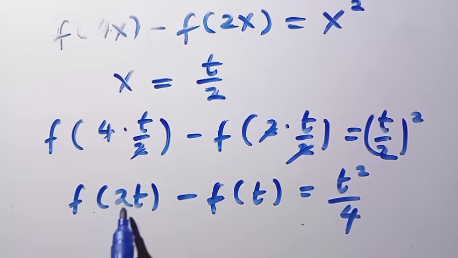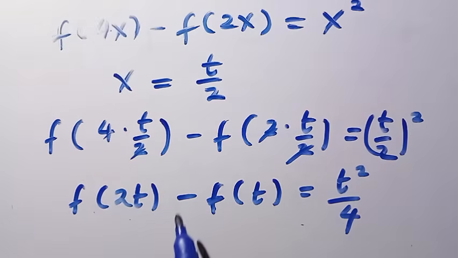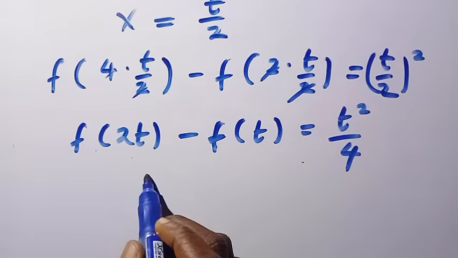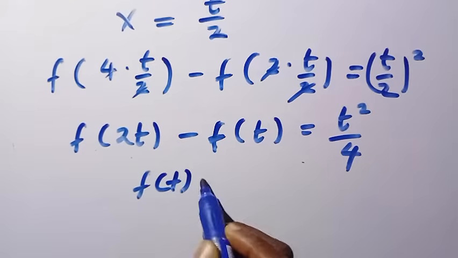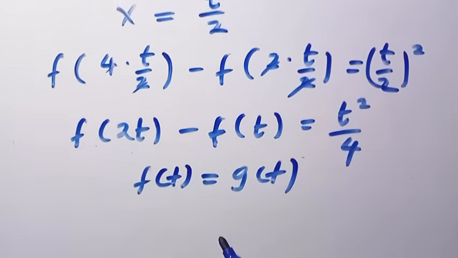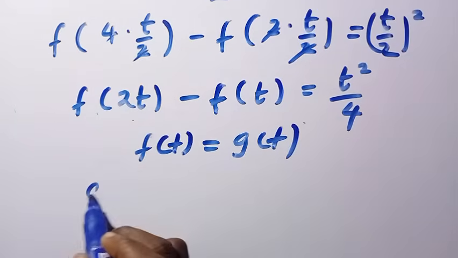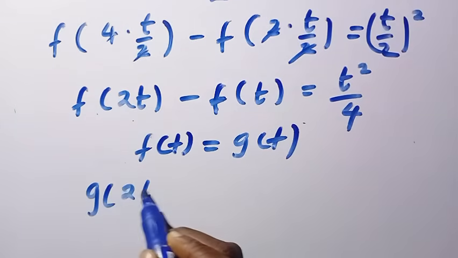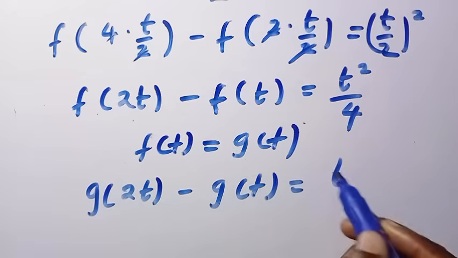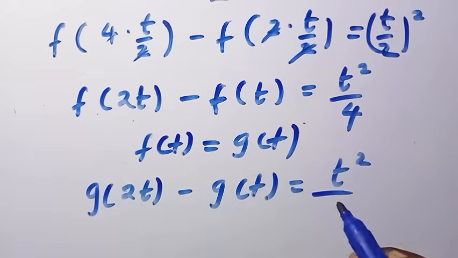So here we have f(2t), which almost resembles the original equation, and they follow the same pattern as the first one. Suppose I replace f with g, for instance, then here becomes g(2t) minus g(t) equals t squared divided by 4.